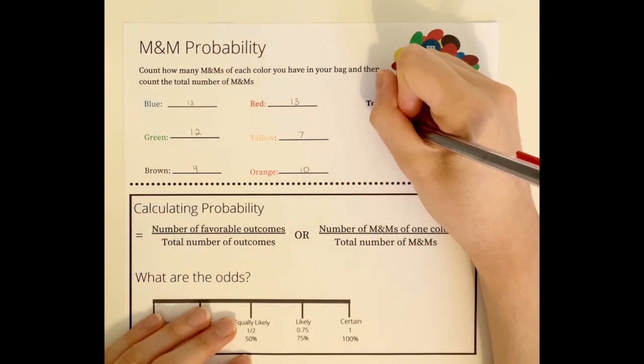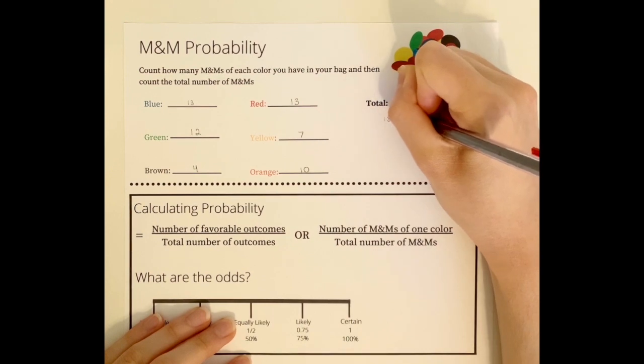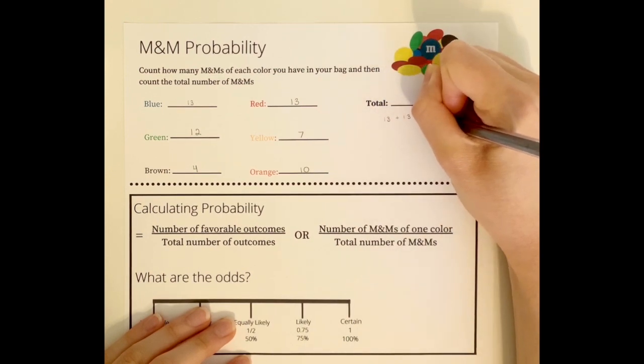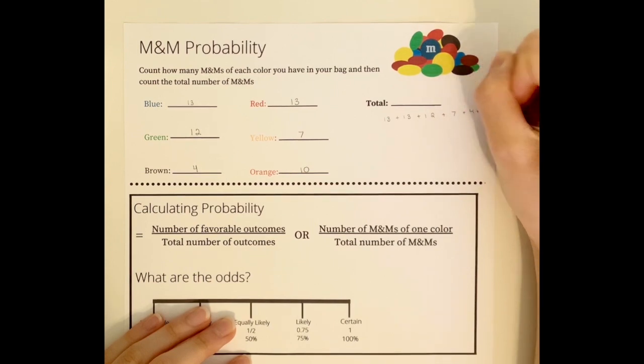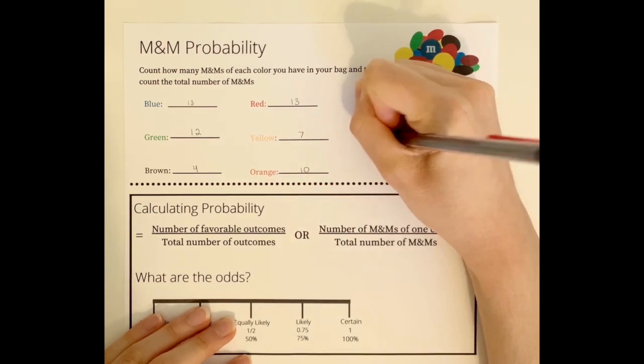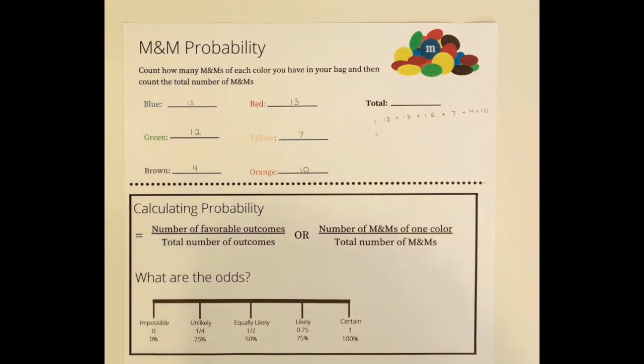Once we're all done with this, we're going to add up all the colors and write down the total number of M&Ms that we had in our bag. You can use a space under the word total as scratch paper to help you with your addition.